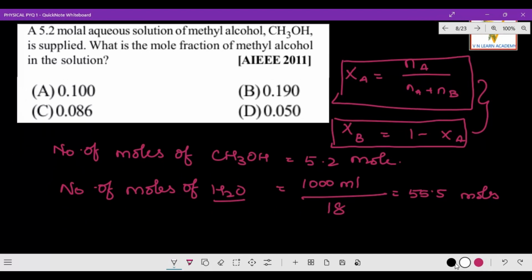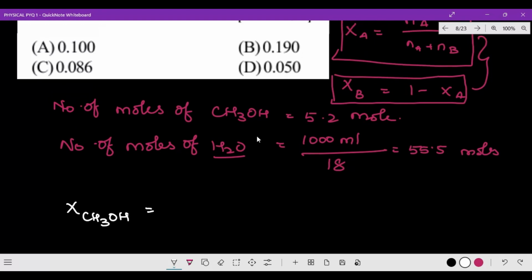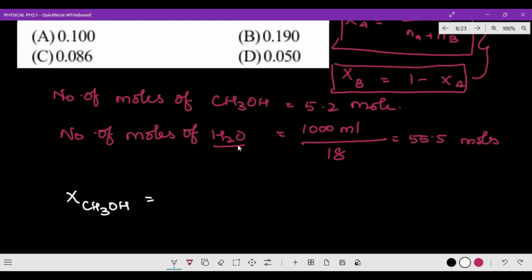Now we have to find the mole fraction according to this formula. So what is the formula here? Chi A. Chi A means methyl alcohol, so we can write chi CH3OH. One by one we can go. Here the first one is chi A, that means the number of moles of A. So here it is 5.2 divided by 5.2 plus 55.5.